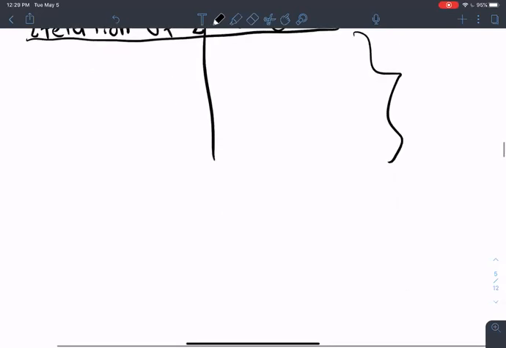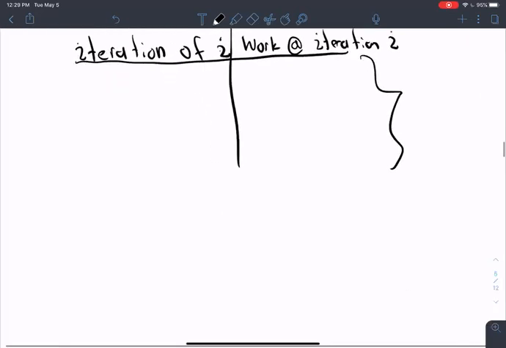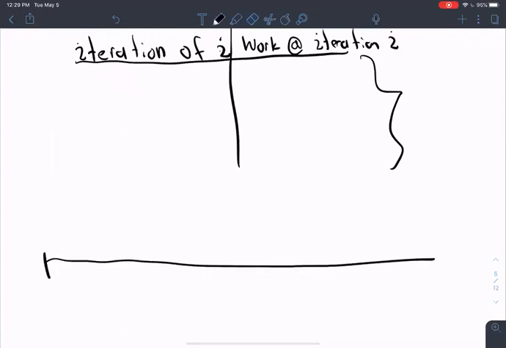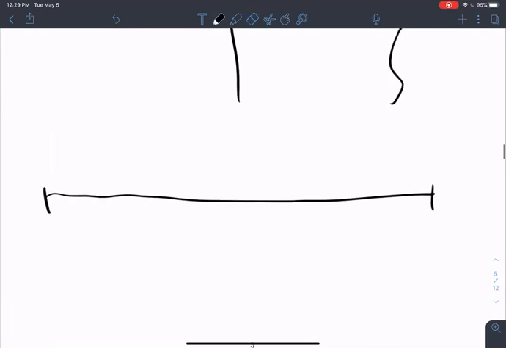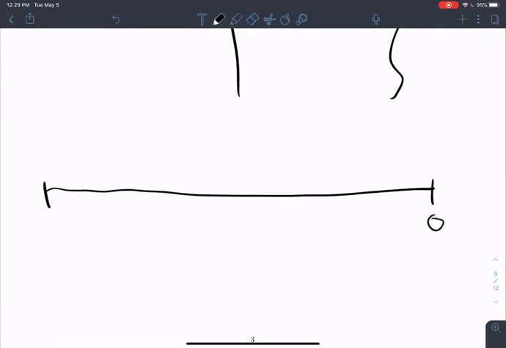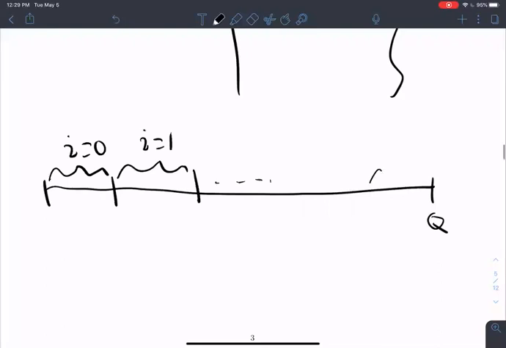So maybe a way to think about it is, let's say this represents our total runtime. We don't know what it is, so let's just put Q, maybe it's some value Q. This part of the runtime is when i is 0. This part of the runtime is when i is 1, and so on up until i equals 2n.